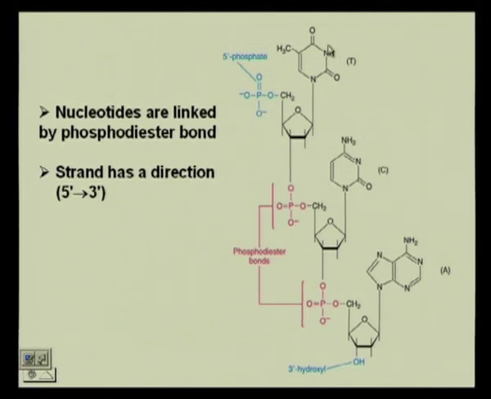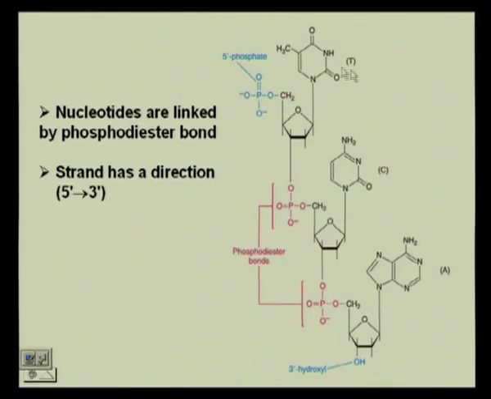The difference lies in the types of bases that are attached to the sugars. Just like in a protein, do we write the peptide bonds? We do not. We just write V, A, G, T, whatever. What does that mean? We have valine, alanine, glycine, threonine, but we know that they are linked by peptide bonds. It is the same thing here.